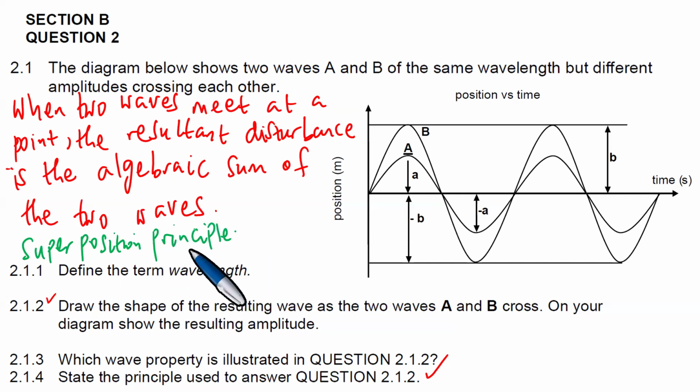And this superposition principle says when two waves meet at a point, the resultant disturbance is the algebraic sum of the two waves. So here they meet.